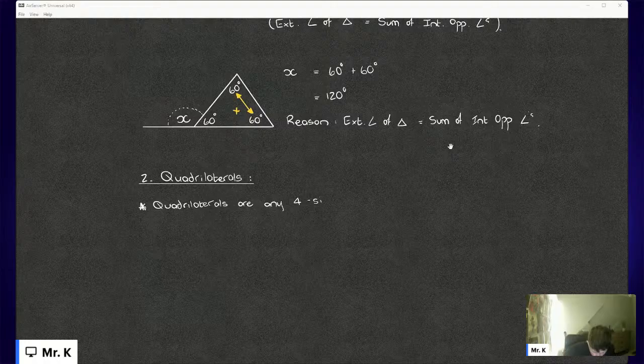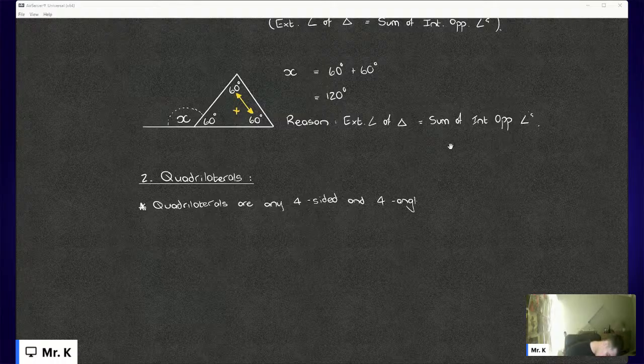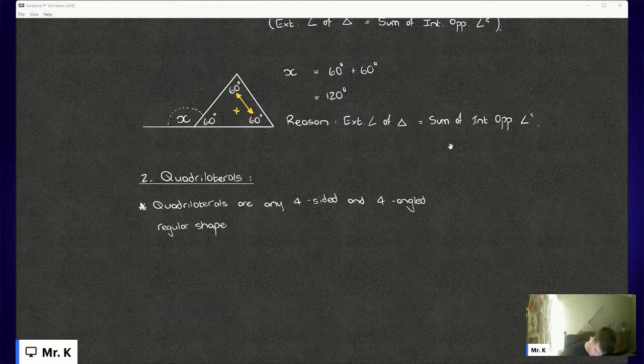Quadrilaterals are any four-sided, four-angled regular shapes, just for the sake of this discussion. So there are a few.